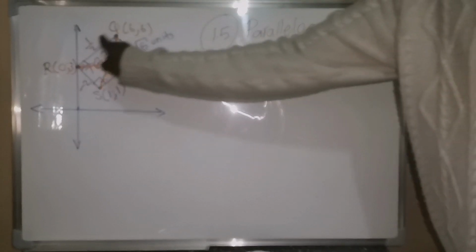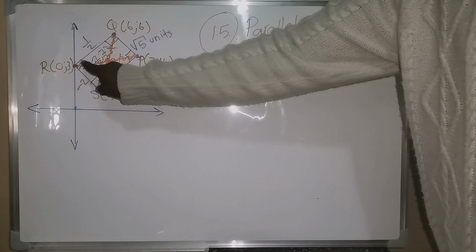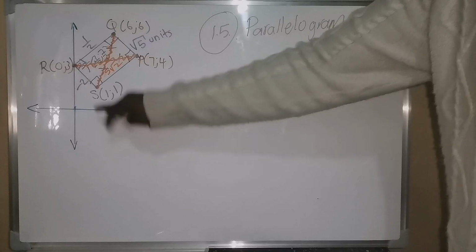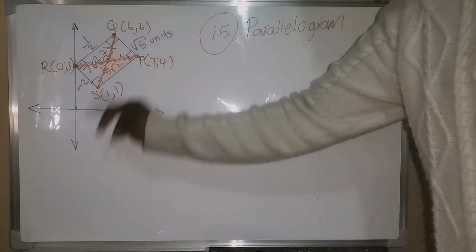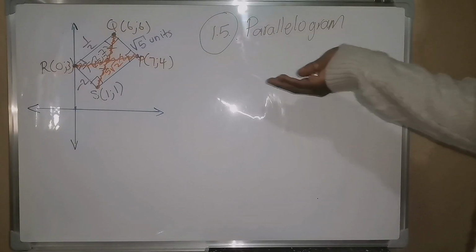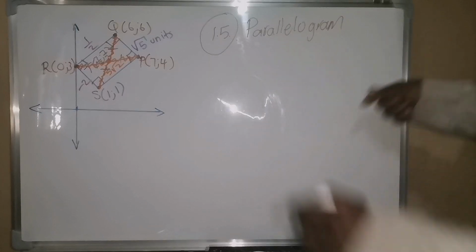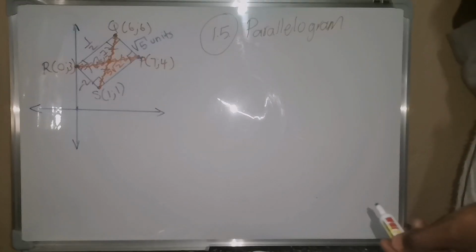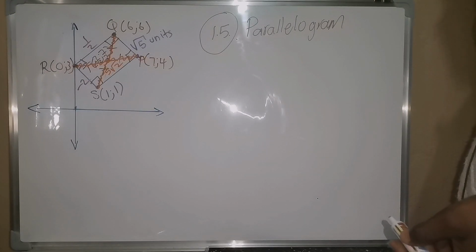That means side QR is perpendicular to RS, and RS is perpendicular to PS. You can prove that by finding the gradient of RS and PS. You will definitely find that they are perpendicular to one another.